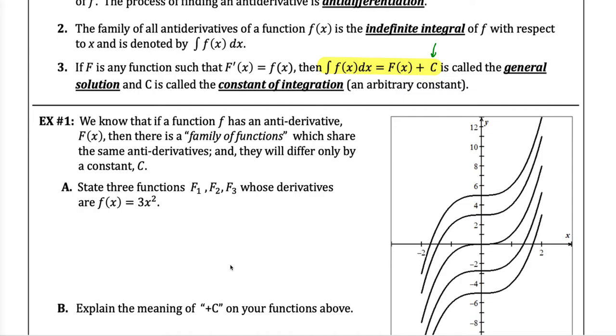So that plus C is called the constant of integration. And it may not seem like a big deal to you. It's just like some random plus C you write at the end of the answer. But we make a big deal out of it because the AP makes a big deal out of it.